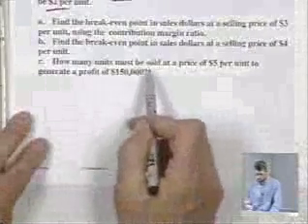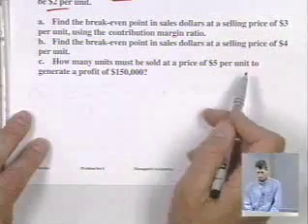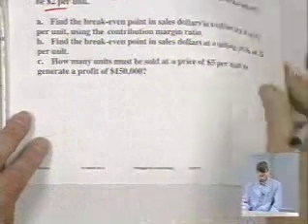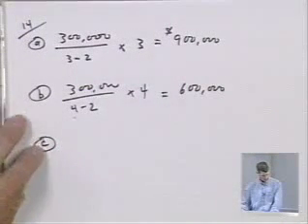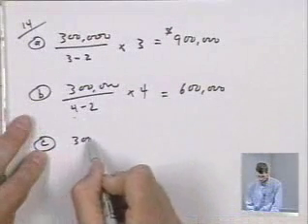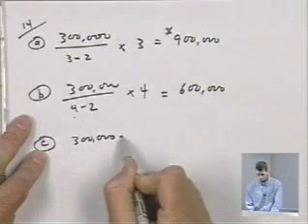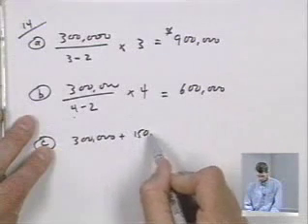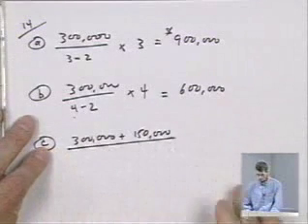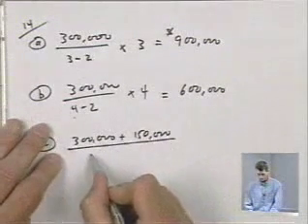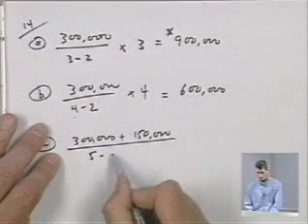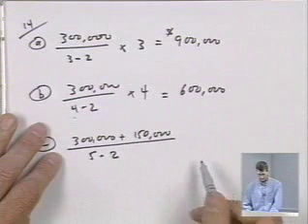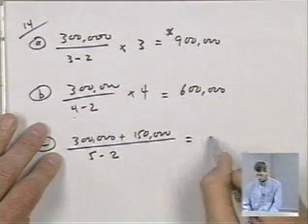How many units must be sold at a price of $5 per unit to generate a profit of $150,000? Well, it's a small tweak of the equation. Now we take the fixed cost, $300,000, plus our profit expected, $150,000, and we divide through by the contribution margin, which now is $5 price minus $2 cost. And what that gives us then is 150,000 units.